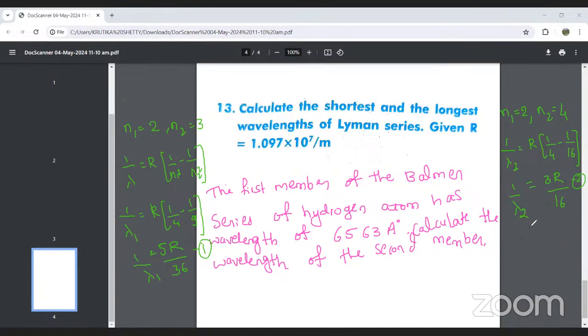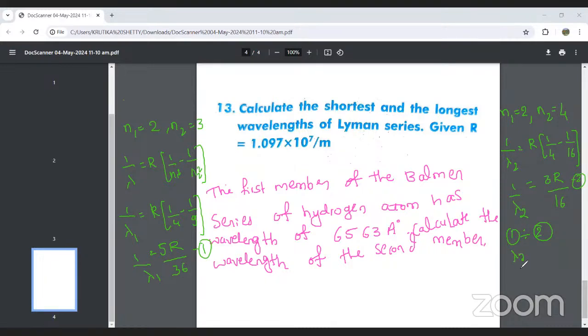So what I can do here, students, is divide equation 1 by equation 2. We have 1 by lambda 1 and 1 by lambda 2.